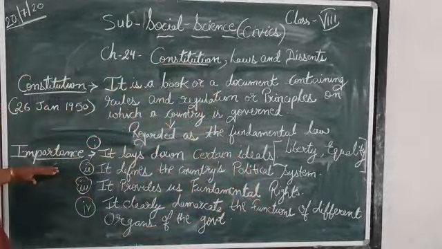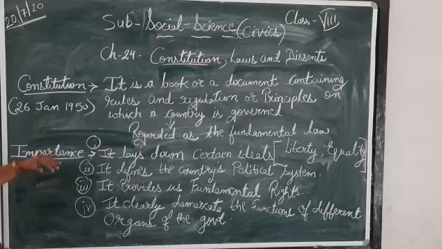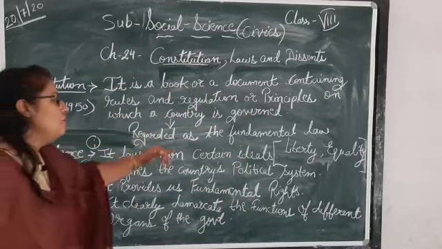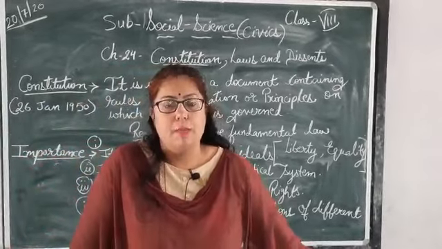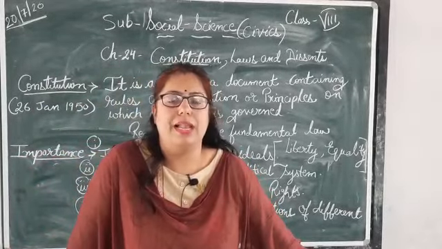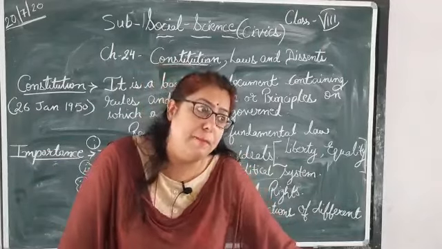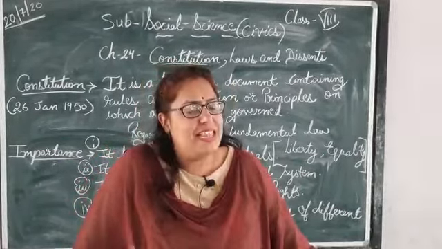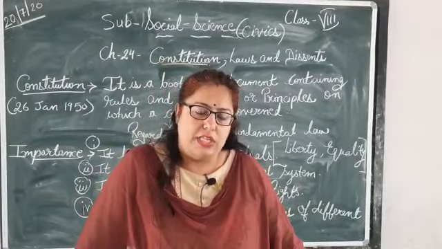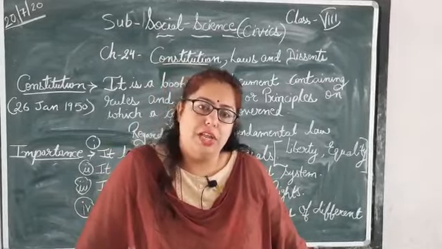Let us move to the importance of our constitution. First, it lays down certain ideals. Why do we follow the constitution? Because the preliminary statement, or preamble, of the constitution contains certain ideals like liberty, equality, fraternity and socialism.